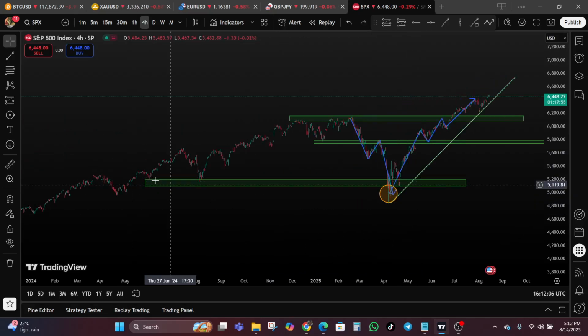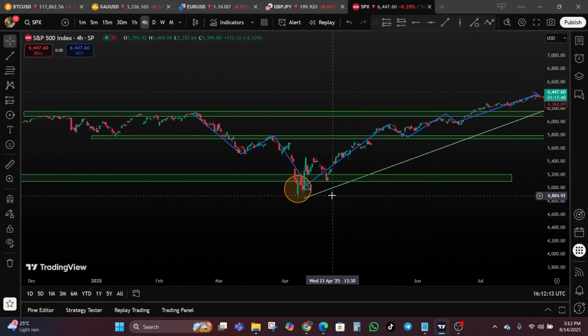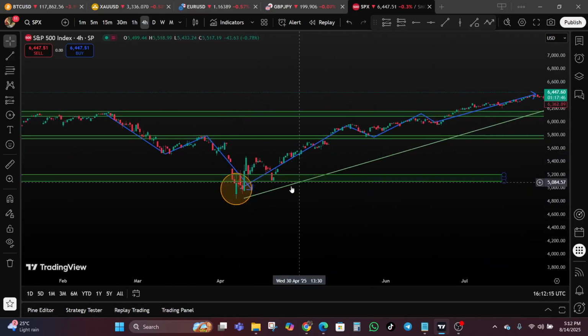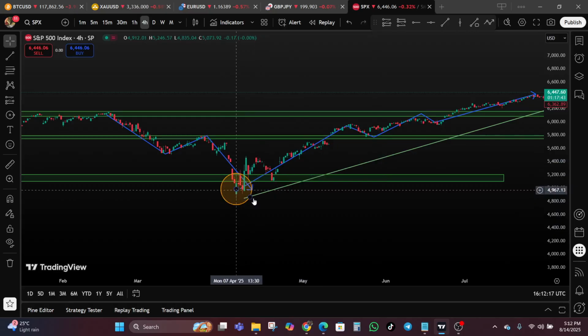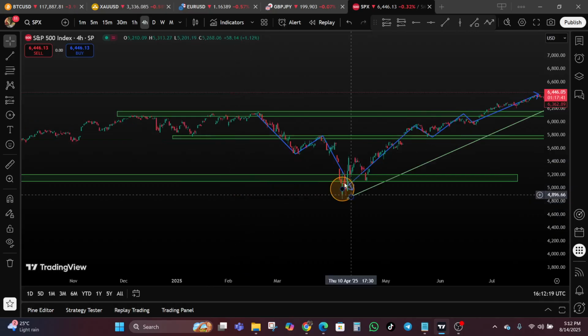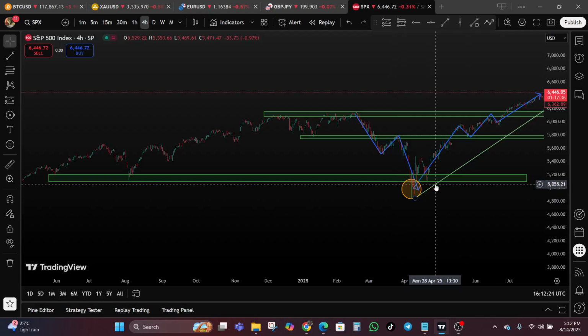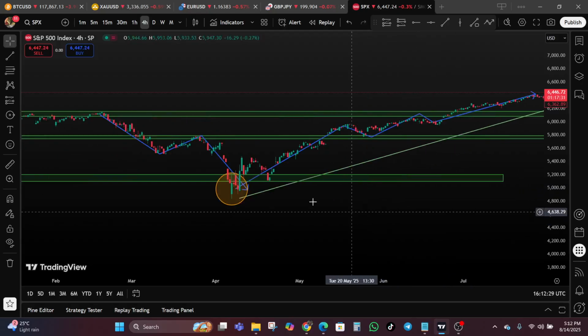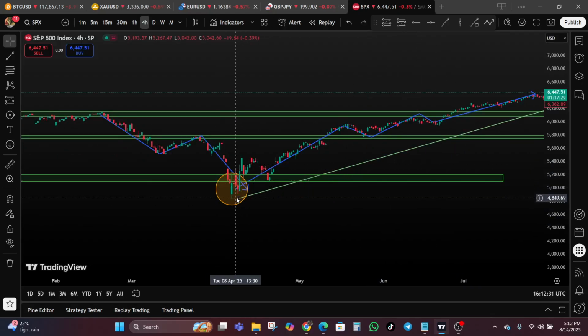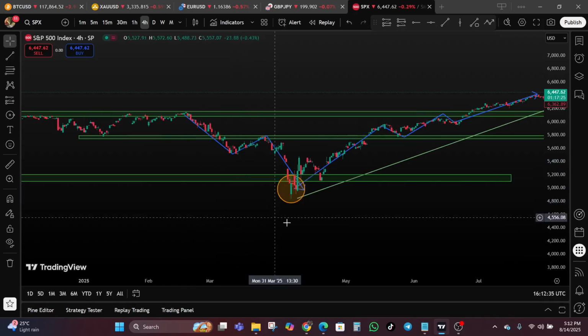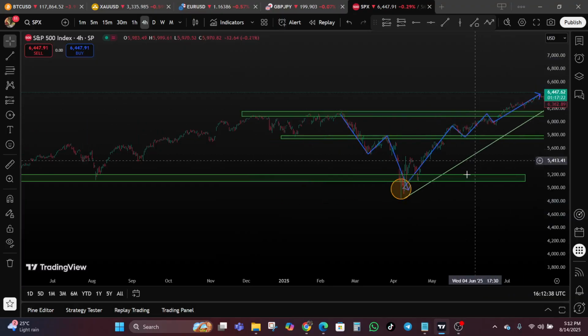If you look now, you would see that this is a zone that I marked out, and you can see price got rejected here again. But at this particular point, there was a push below that level. Now, this might be a liquidity grab. You can see how I highlighted this zone. Right after price broke below here, if you are a breakout trader, you might have jumped in to sell. Unfortunately, this was not a sell signal. This was a false breakout, and smart money might have grabbed liquidity from here only for the price to reverse back.